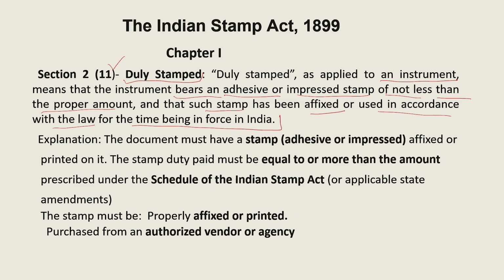So duly stamped means when an instrument is properly stamped. It may be an adhesive stamp or an impressed stamp, but this stamp is not less than the proper amount which is supposed to be affixed on that document.